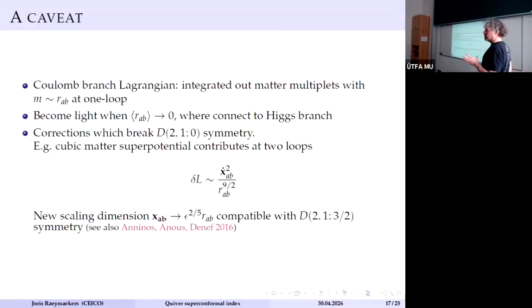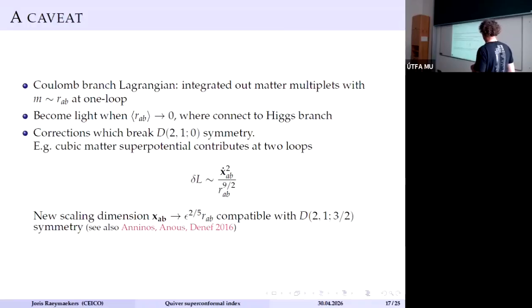No one has really computed them. From dimensional analysis, it could give some correction to the metric of this type, for example, which would actually be very strong in the regime that we are considering. I mean, it becomes very strong when the branes get close together.